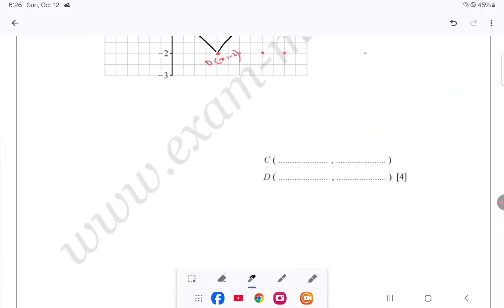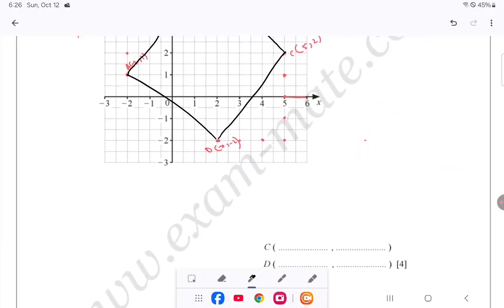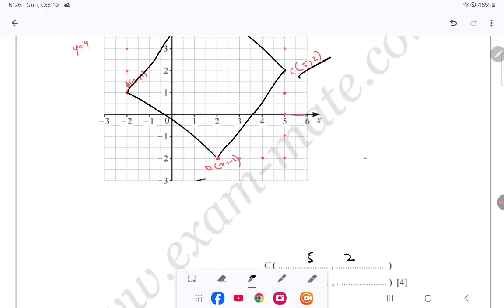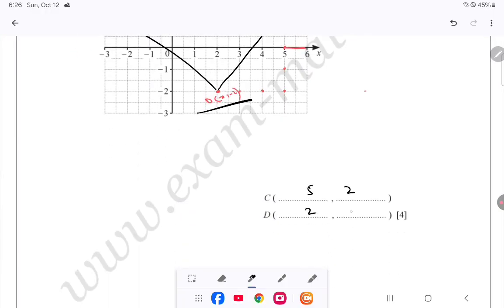We can put the values of C which we calculated, 5, 2 right here, and D 2, -2.